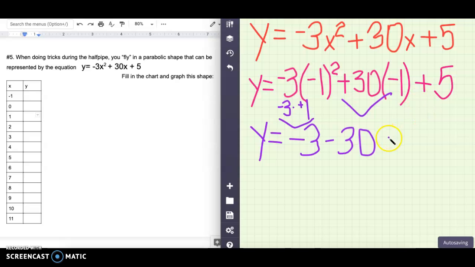Then you're going to carry down the plus 5. Now remember, negatives and subtraction are the same thing. So on your calculator, it may be negative, it may be subtraction. You're going to have to kind of fiddle with it a little bit. Negative 3 minus 30 plus 5.